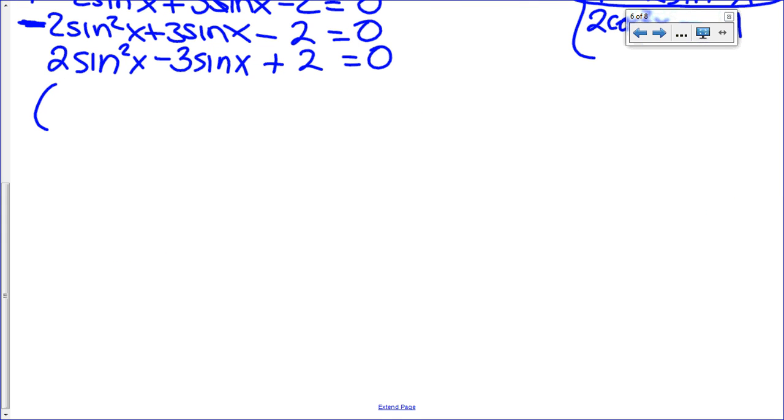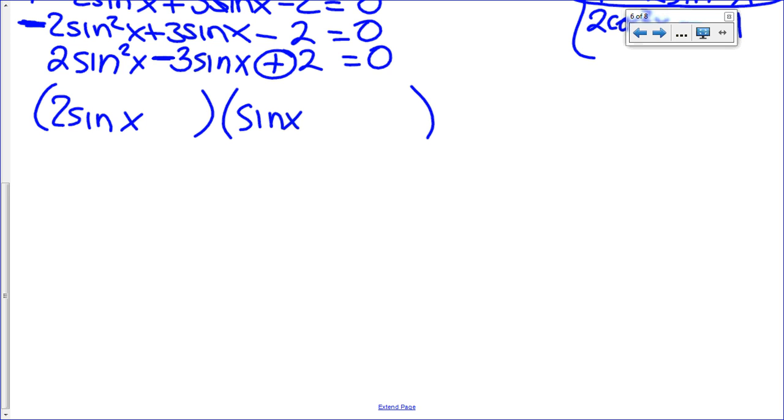And so we will have 2 sine x. Here both signs will be the same, and both of them are going to be what? Negative. 2 only has 2 factors, 2 and 1. My guess is that the 2 goes here and the 1 goes here.